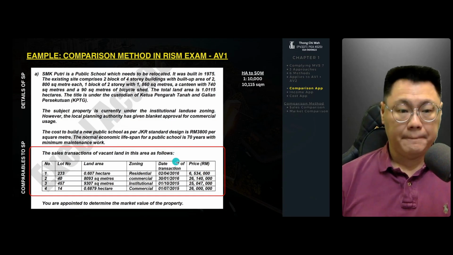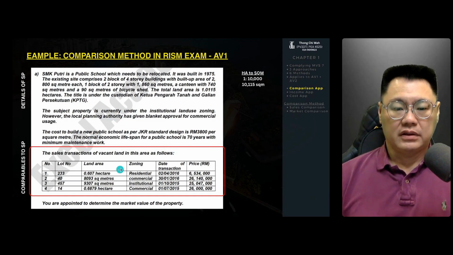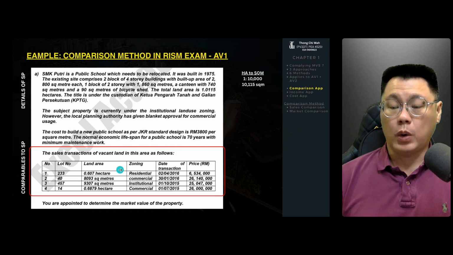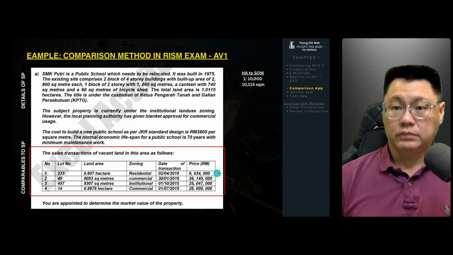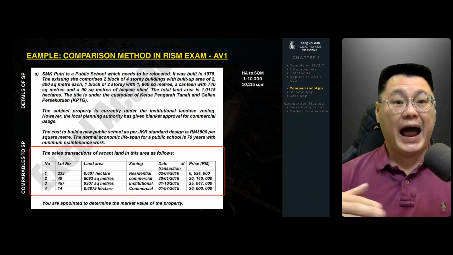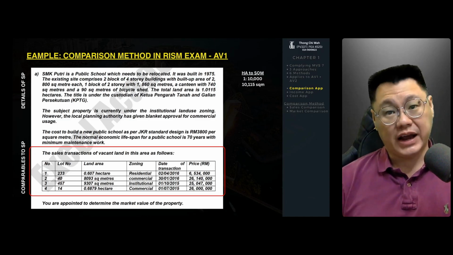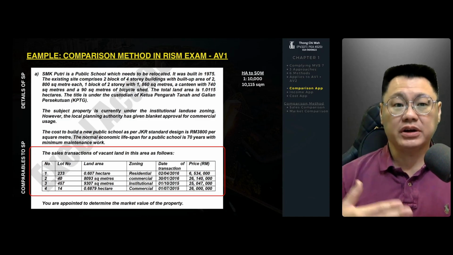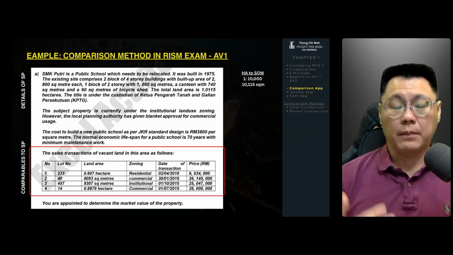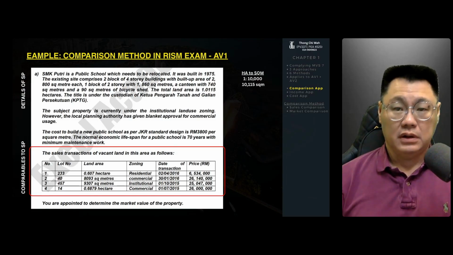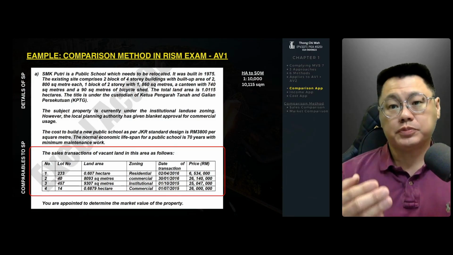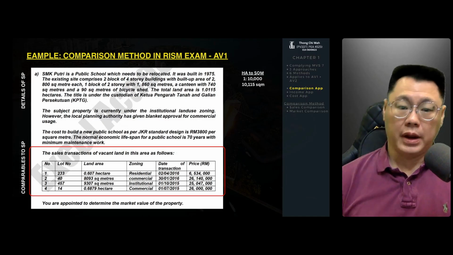So obviously, you can see that it is for commercial. The first one is residential. You have to choose identical or almost identical. So choosing commercial and taking residential as a comparison is like an apple against an orange. So choose apple to apple or orange to orange.